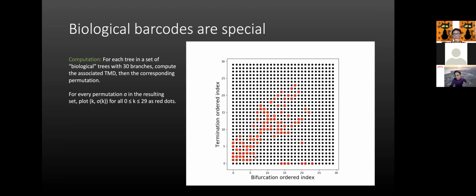And those were plotted here as red points. Now, if every possible permutation were equally represented among these biological barcodes, we would expect this whole thing to be red. But what we see is that there's really a concentration of the permutations that show up close to the diagonal here. So there's something very special about the permutations that you can find associated to the barcodes of actual neurons.